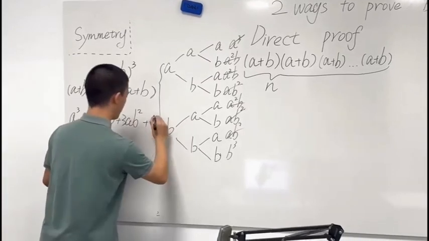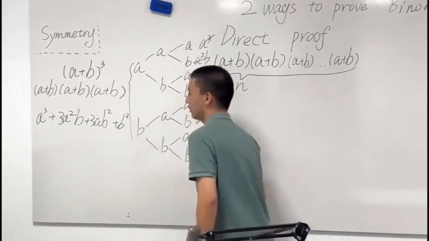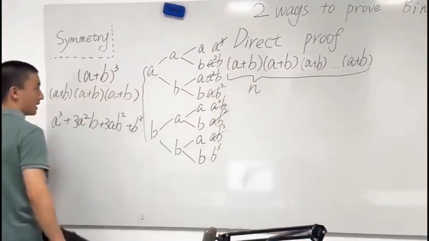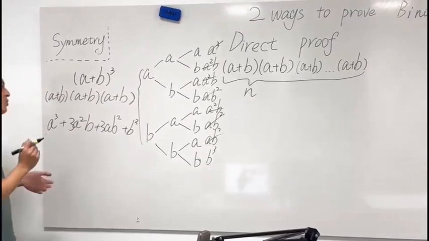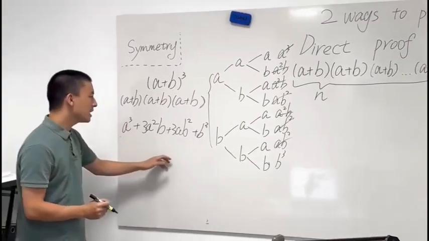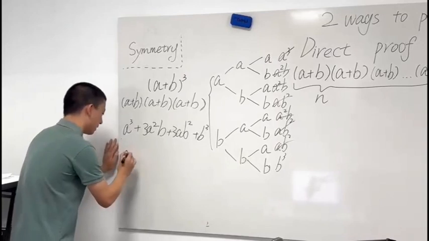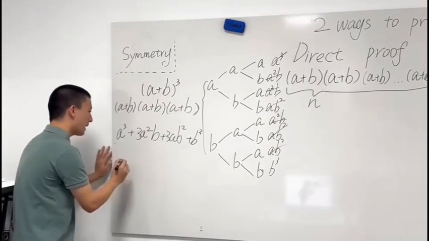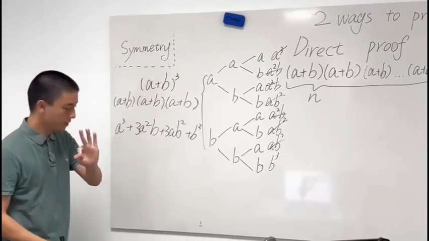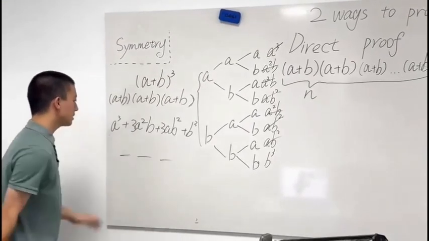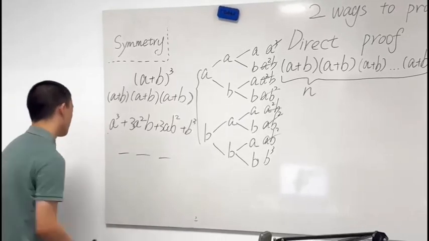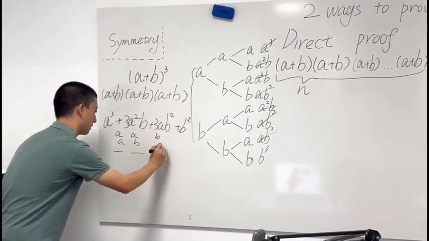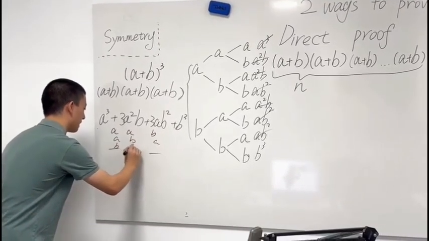Plus b cubed. So we did it. And actually, you guys can realize that if you want to get the coefficient of a squared b, it's the same as a question that asking you the number of ways to arrange 2 a's and 1 b in 3 positions. So we have 3 positions, and we have 2 a's and 1 b, so it can be AAB, ABA, then BAA, 3 ways.